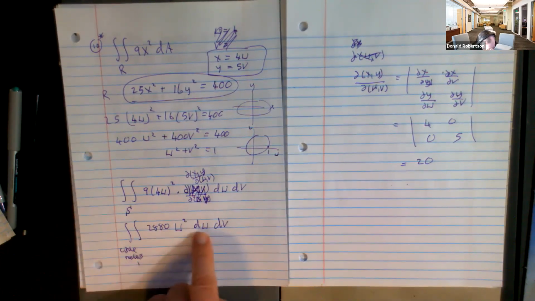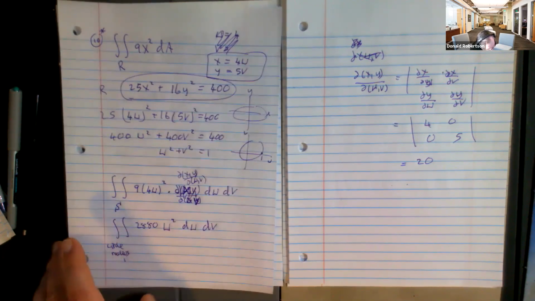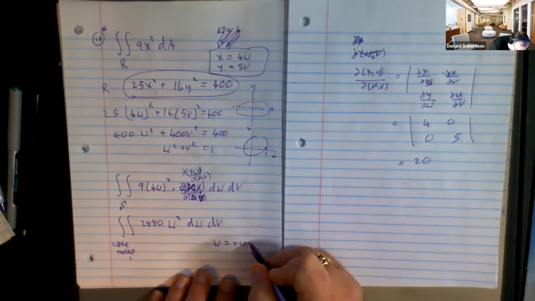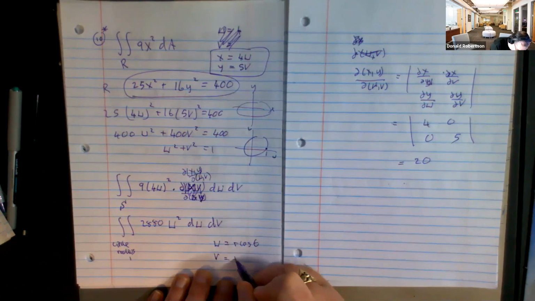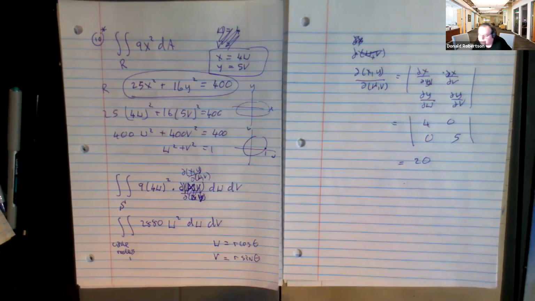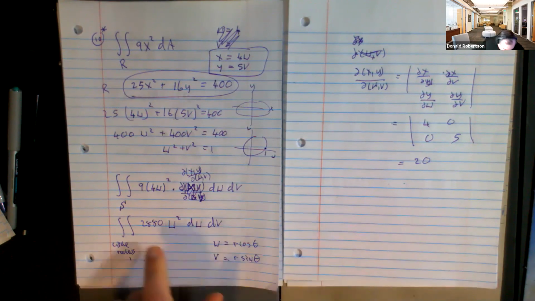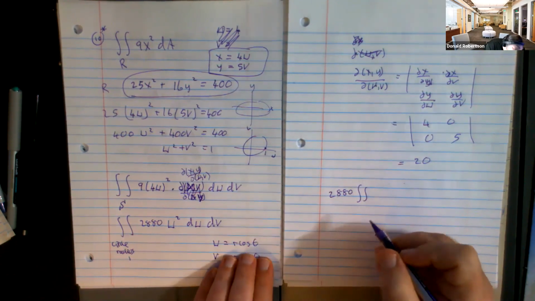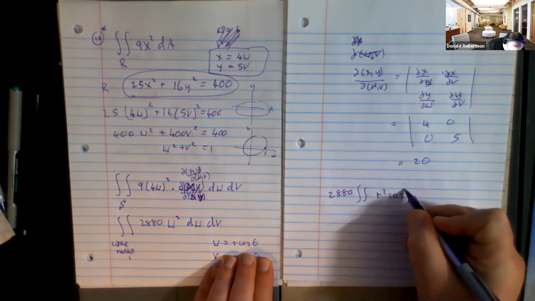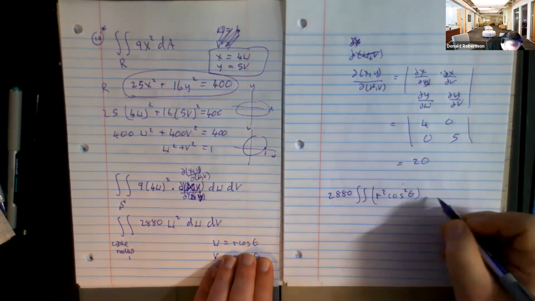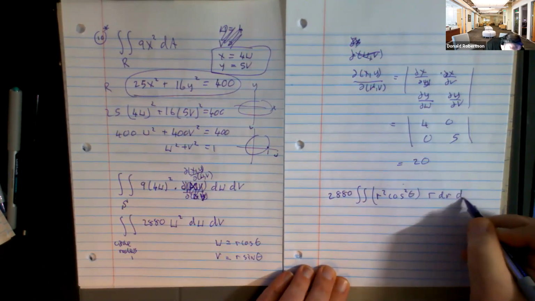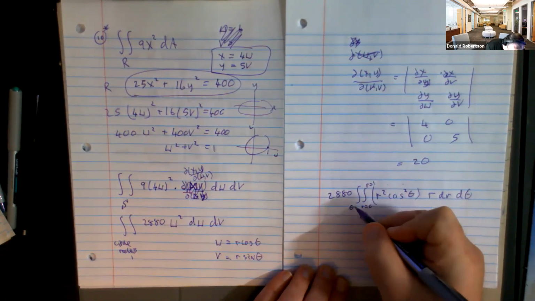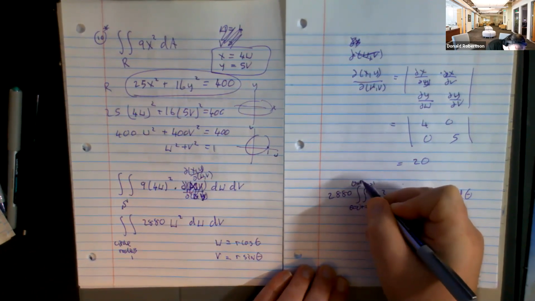Okay, so I have to figure out how to integrate over a circle with respect to u and v. Well, wouldn't that be polar? So technically speaking, I'm doing two changes of variables, aren't I? So what would that become? It would become 2880, the integral of u, which is r squared cos squared theta, r dr d theta. R would go from 0 to 1 because it's a circle, and theta would go from 0 to 2 pi.